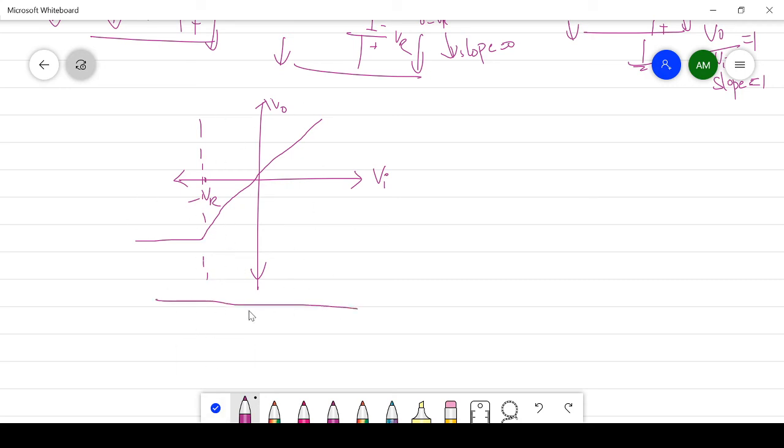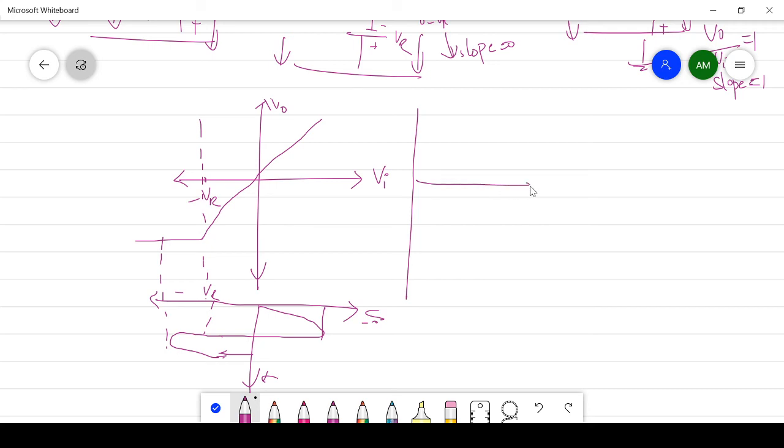This is the input voltage, and this is the reference voltage, minus Vr. So what is the output voltage?